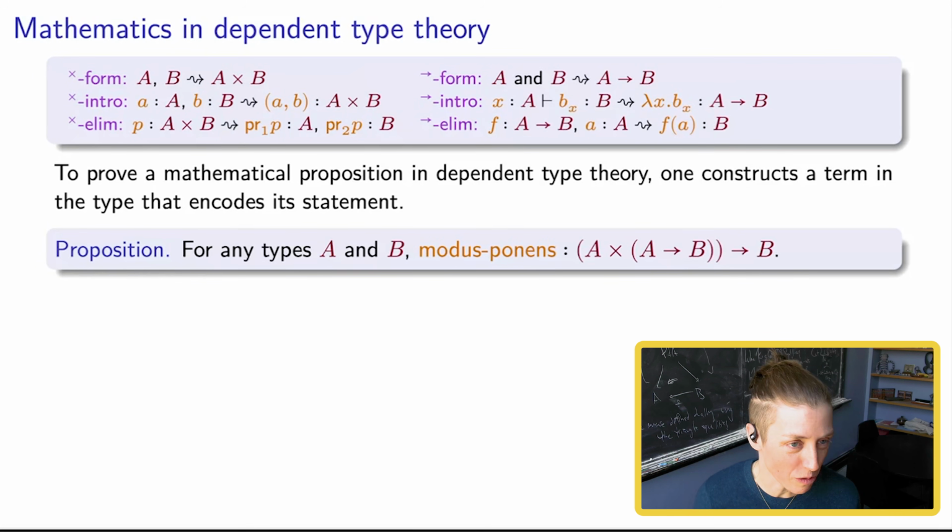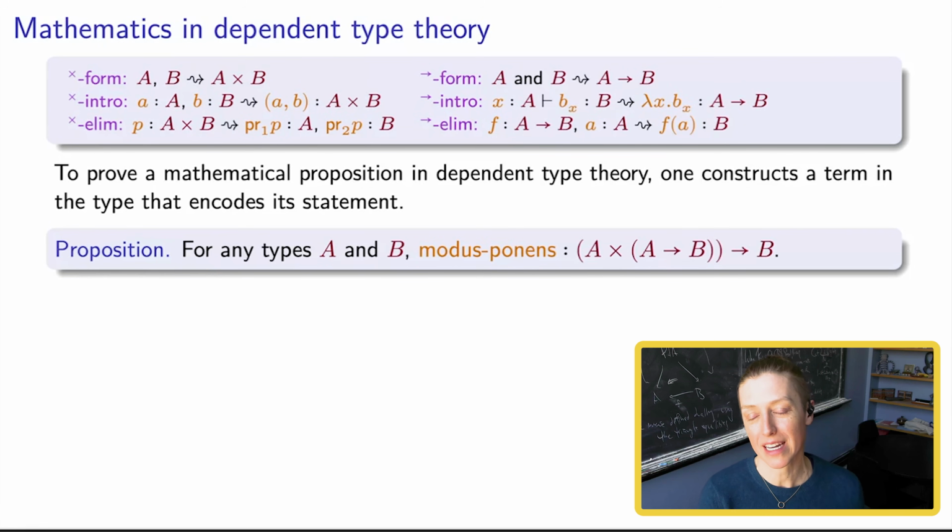And so the introduction rule for product types, for instance, says that if I have a proof little a of proposition A and a proof little b of proposition B, then I can pair them together and I prove a proposition, namely A and B. So that's explaining the connection between the product type formation and the logical notion of and.